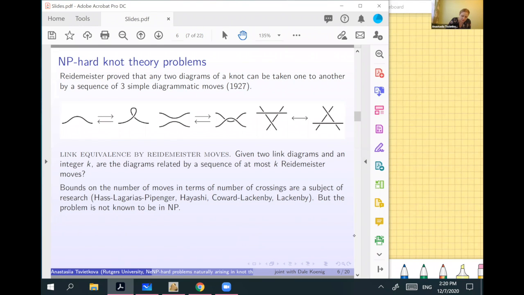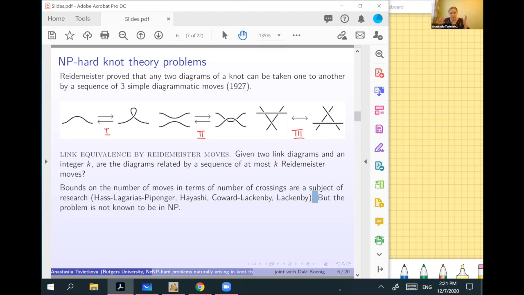You have Reidemeister move 1, where you just remove a loop or add a loop. You have Reidemeister move 2, where you just move a strand lying above another strand away. And then you have Reidemeister move 3, where you have a crossing and you slide a strand above this crossing past it.